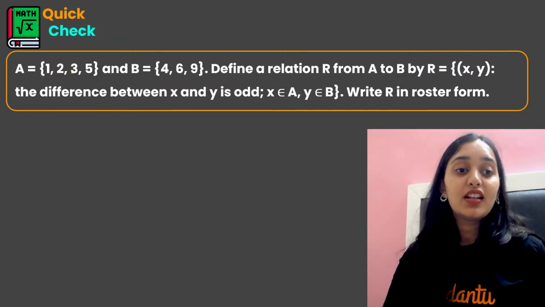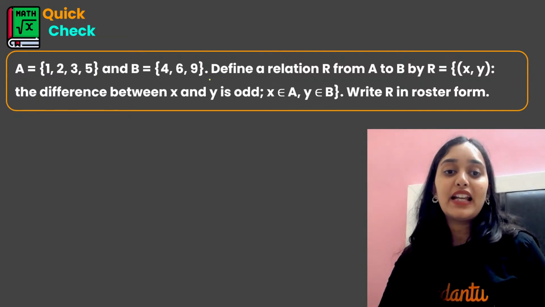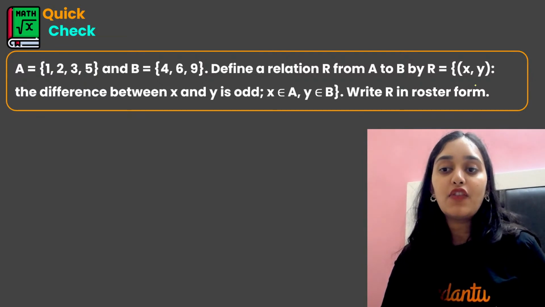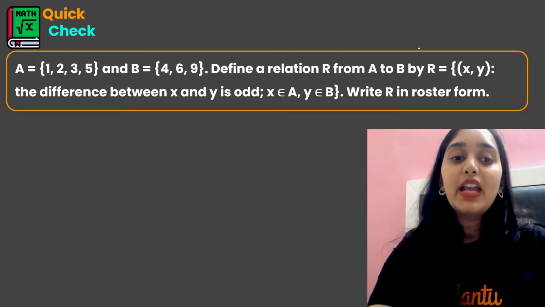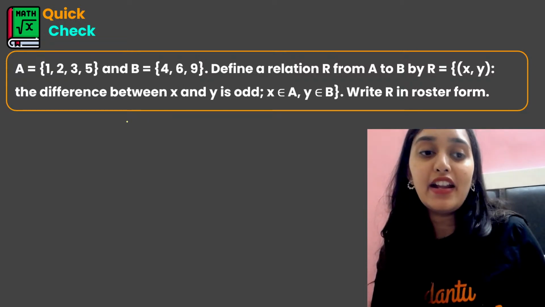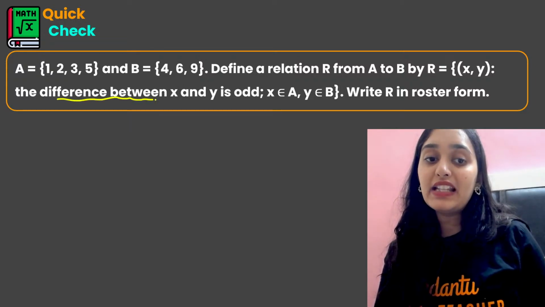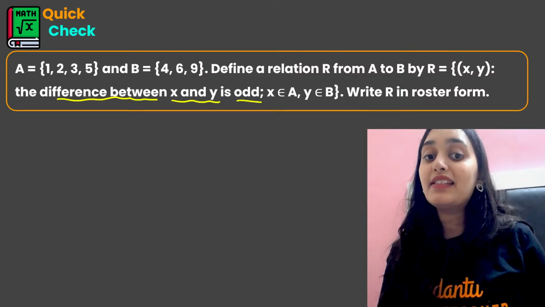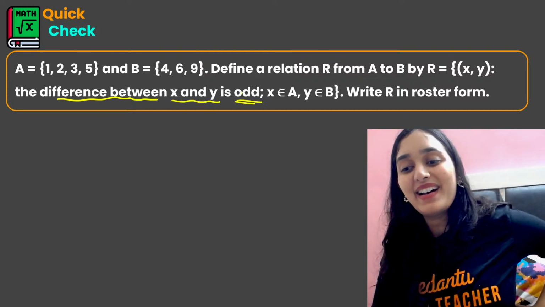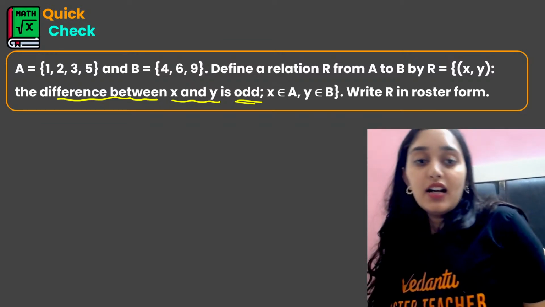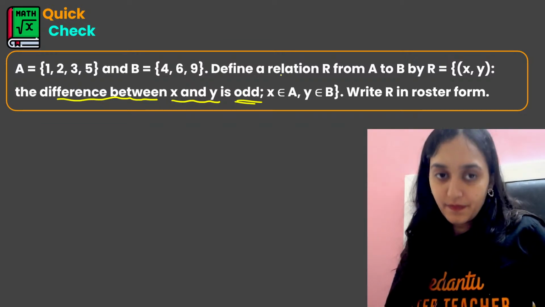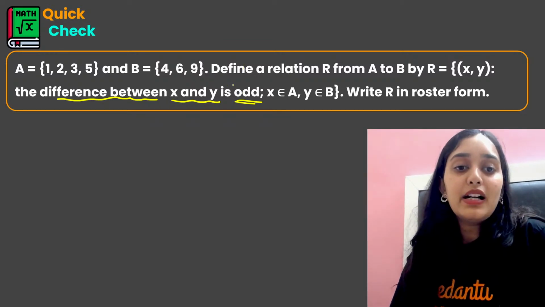Okay. Next question. Set A is 1, 2, 3, 4, 5. Set B is 4, 6, 9. Define a relation from A to B where x and y are such that the difference between x and y is an odd number. So we have to check the difference between which two numbers is odd.